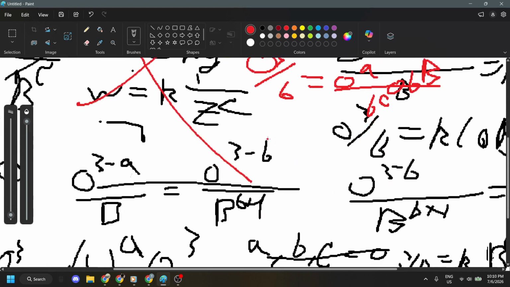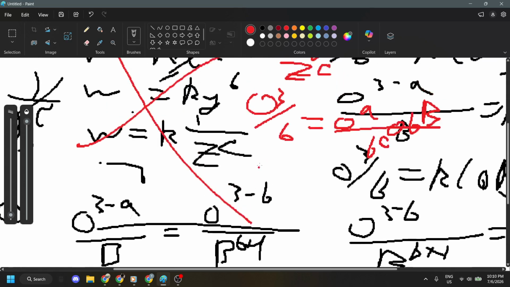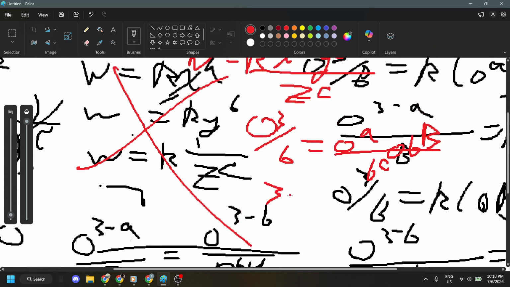So we're saying that 3 for oingos cubed is equal to a minus b, and 1 for boingo is equal to b minus c.